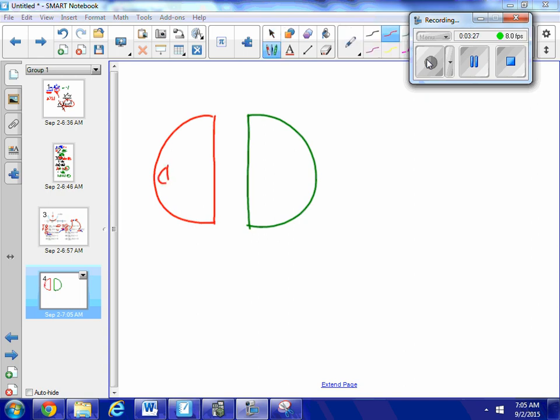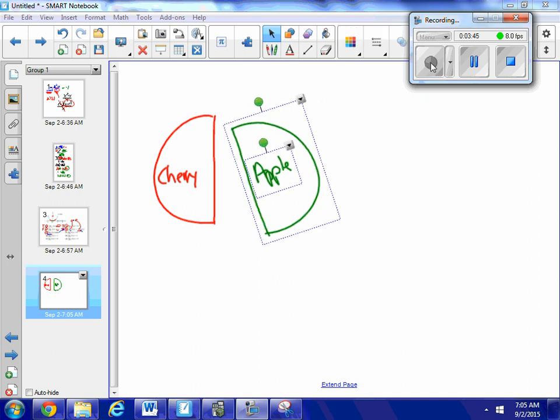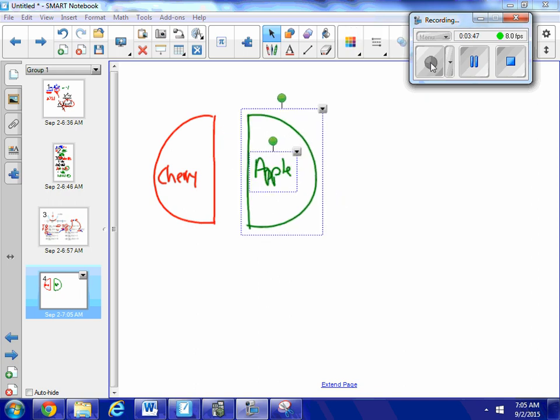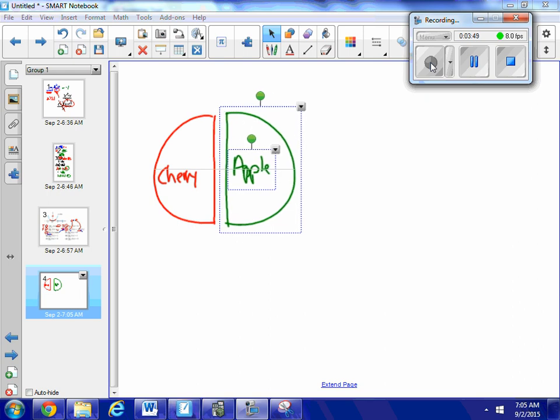So if this is a cherry pie, and this is a green apple pie, and I put them together. Let's go ahead and put them together here. Whoa, don't do that. Come on. Let's move them over here. I put them together.